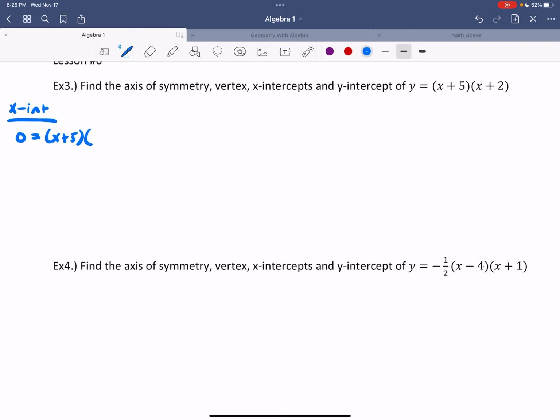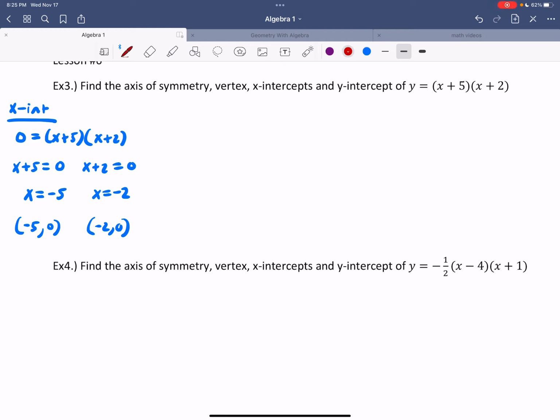So 0 equals x plus 5 times x plus 2. Then you set each one of those factors equal to 0, and you solve. X equals -5, x equals -2. So if we translate those to some points, we're at -5, 0, and we're at -2, 0.